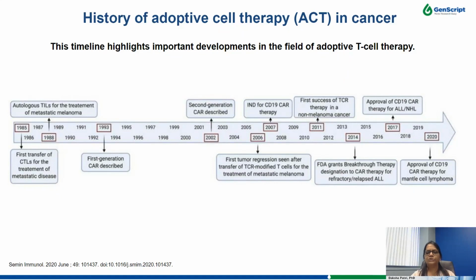After that, it took almost a century to make cell therapy an essential tool for cancer treatment. In 1985 to 1988, tumor infiltrating lymphocyte (TIL) and cytotoxic T lymphocyte therapy first confirmed their therapeutic potential.